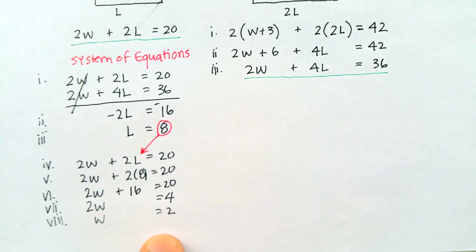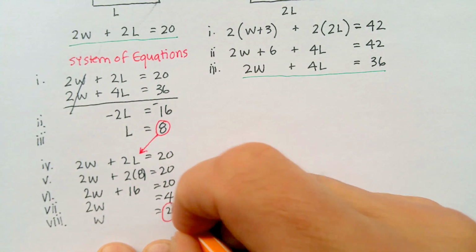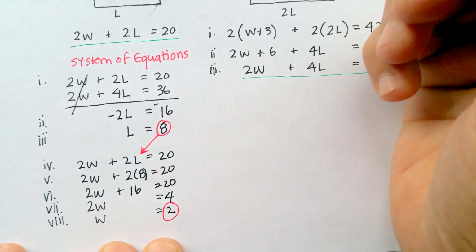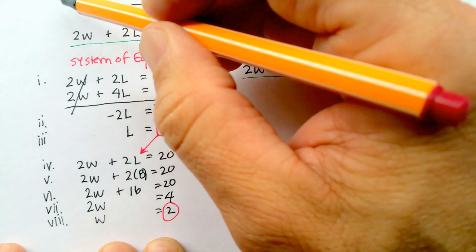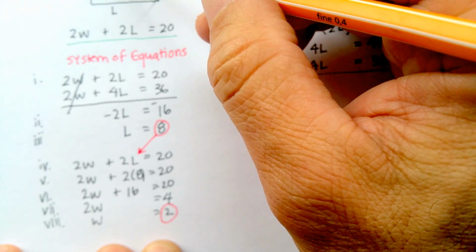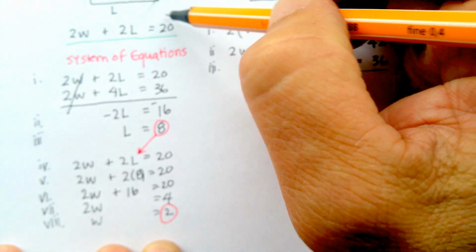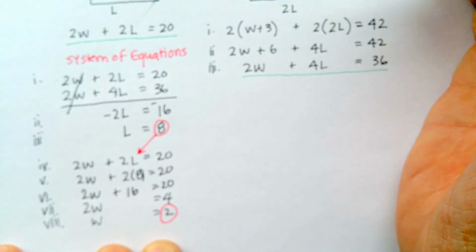Now, let's remember one of the steps in the procedure is to take these two numbers, plug them back in, and see if it makes sense. 2 plus 2 is 4, plus 8 is 16. 16 and 4 is 20, so it actually makes sense.